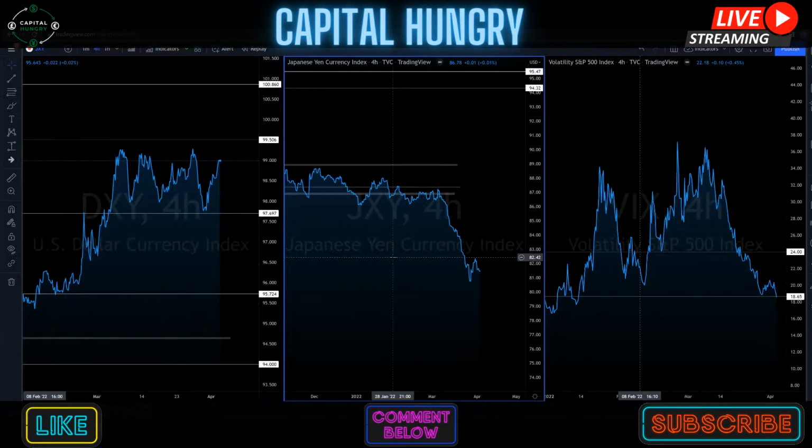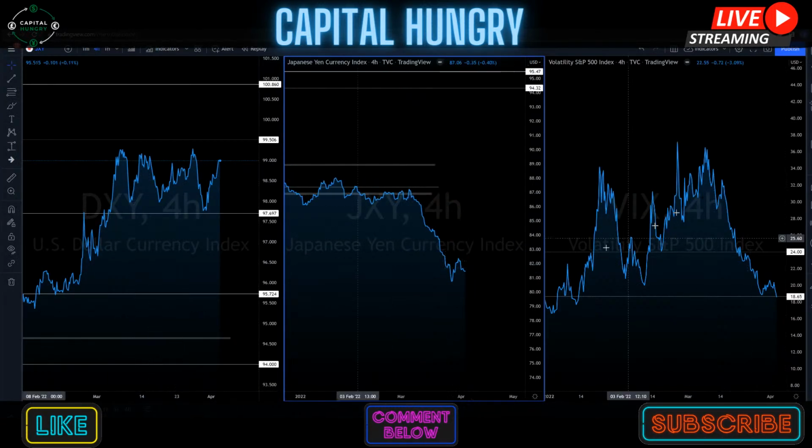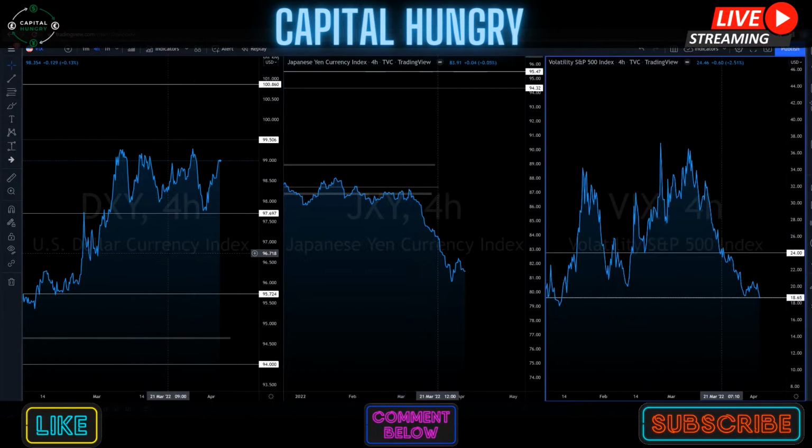Okay, so it makes sense playing the yen weakness. It makes sense, of course, with the volatility index being bearish, but on our dollar pairs, we can see the dollar's a lot more bullish. Because the US dollar is the global world reserve currency and a safe haven currency in itself, but not just that, the primary global business currency, it holds a lot of weight on an international scale.